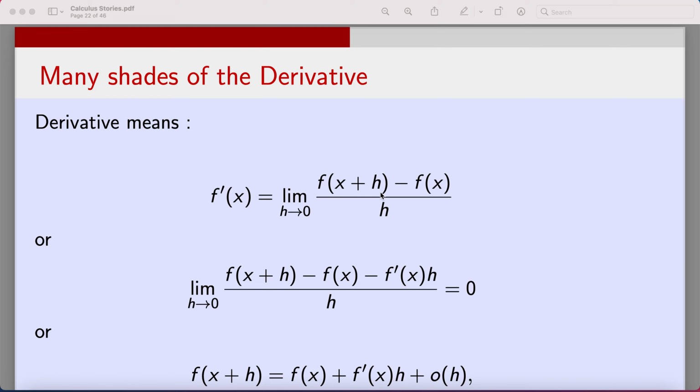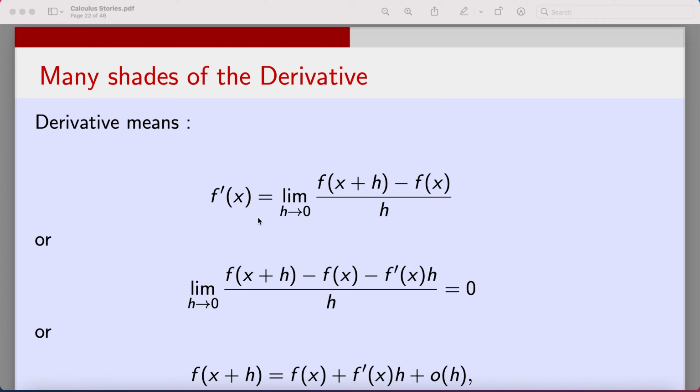What is the change? That is f of x plus h minus f of x. This change divided by h is called the differential quotient. Take the limit as h tends to 0. So you have to take the two limits, left limit and right limit. If both exist and are equal, then that is called the derivative of f at x and is given as f dash x. See, f dash x doesn't depend on h. Here x is fixed. It's called the derivative of f at x. So x is fixed here.